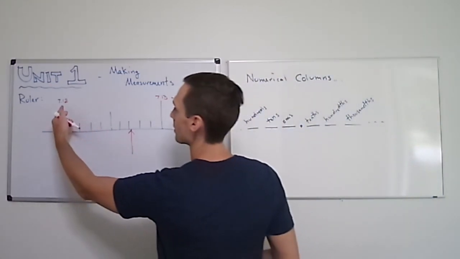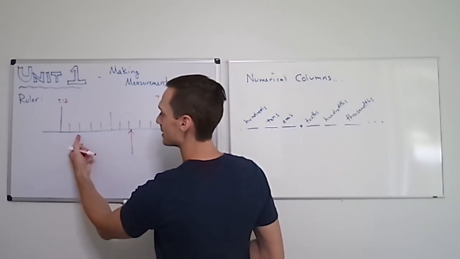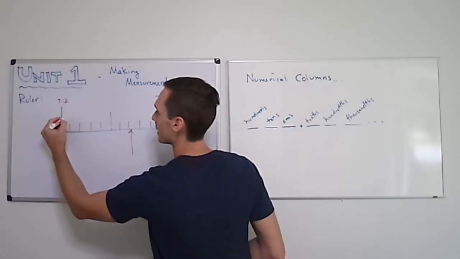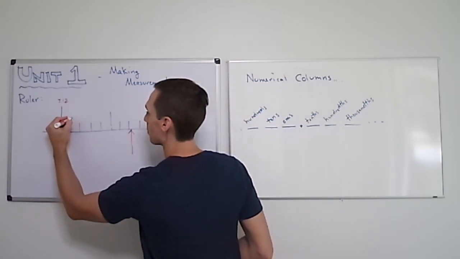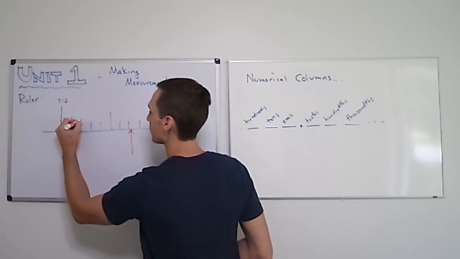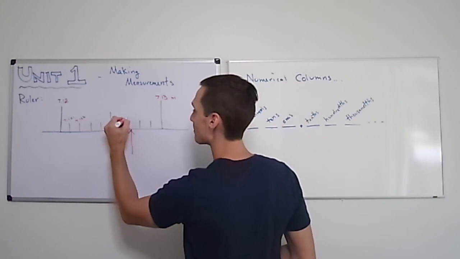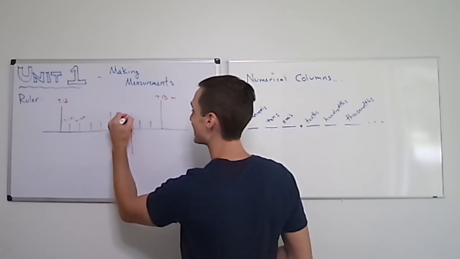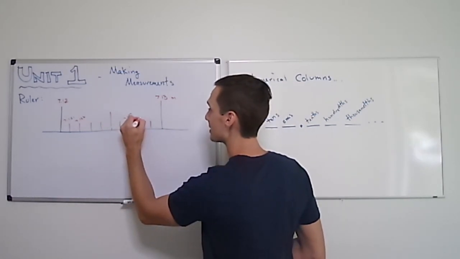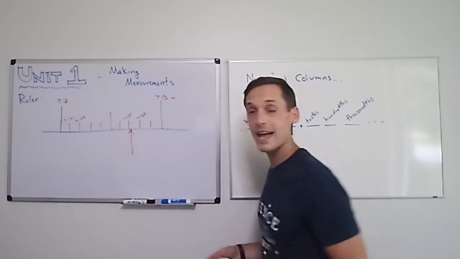So what do we know that it has to be between, right? If this is 7.12, what does each little tick mark here go up by? It would be 7.121, 7.122, and so forth. So this would be 7.127. This would be 7.128.